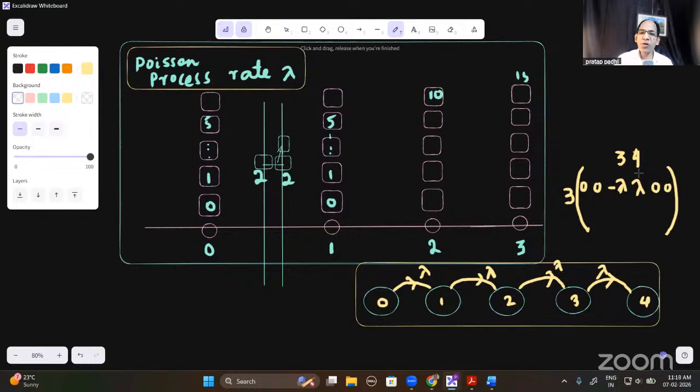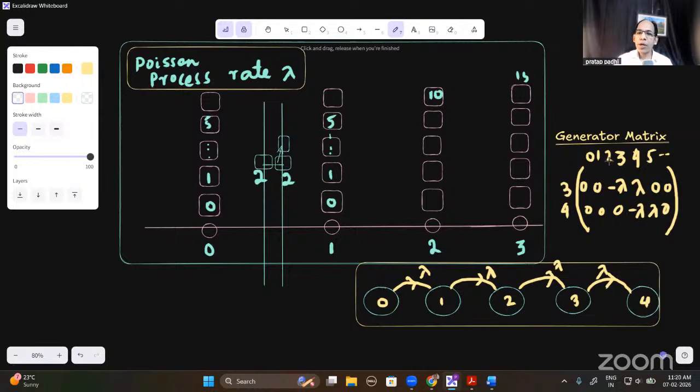And this is the generator matrix. Okay. Let me write the generator matrix for the Poisson process. If you are able to write one row, you will be able to write all rows. How about 4? Similarly, you write here minus lambda, all others are 0. That way you can make the matrix. If you want to write 2, suppose 0, 1, 2, that way I will write.